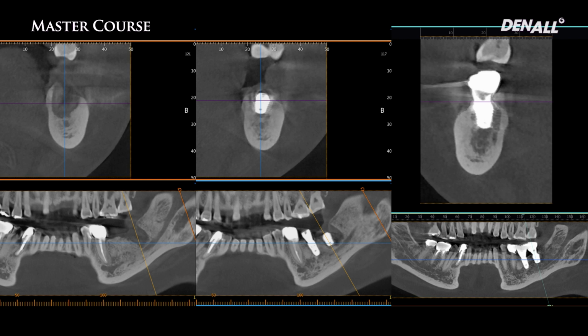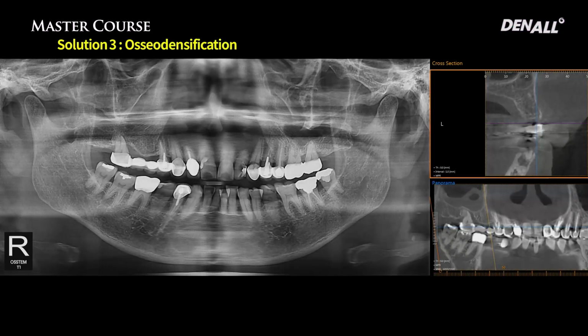Bone is stably regenerated. The third way, when we expect initial stability will be poor, we can take this action in advance. Osteodensification can be used to increase the initial stability. In this patient, at number 10, there's a fracture in the posterior bridge.